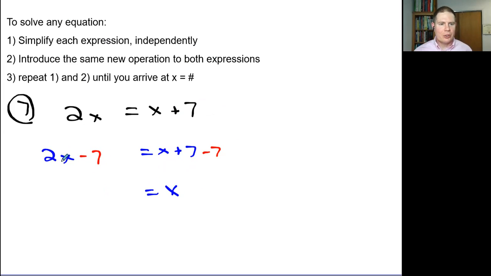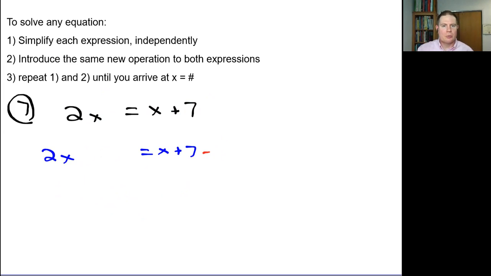But here, I don't have like terms. This isn't 2 minus 7, neither is it 2x minus 7x. I just get 2x minus 7. This new simplified blue version of the equation is really no better than the original black version of the equation, right? I'm subtracting 7 from the right expression. I have to subtract 7 from the left expression. If I don't have any like terms, that's no good. So what else can I do?